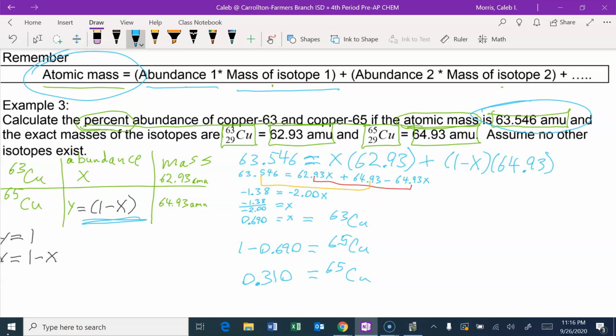0.310. And then, of course, we need to turn it into a percent. So to turn these into percents, we need to multiply by 100 or move the decimal over 2 places. We're turning these into percents, so we need to make sure that we multiply by 100.